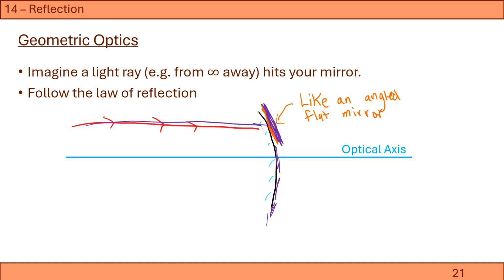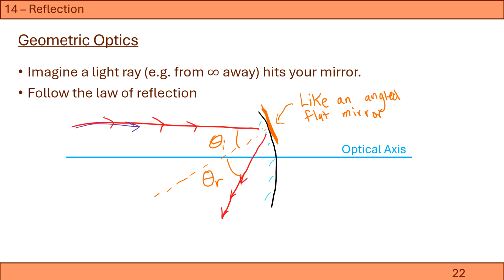Well, the light ray that hits this part will follow the law of reflection, and it's going to bounce off in this way where the incident angle equals the reflected angle, and it's going to go down in some sort of downwards direction. So it turns out the light that's infinitely far away is going to be parallel to the optical axis. In this picture, that means this incoming red line is going to be parallel to the blue line.